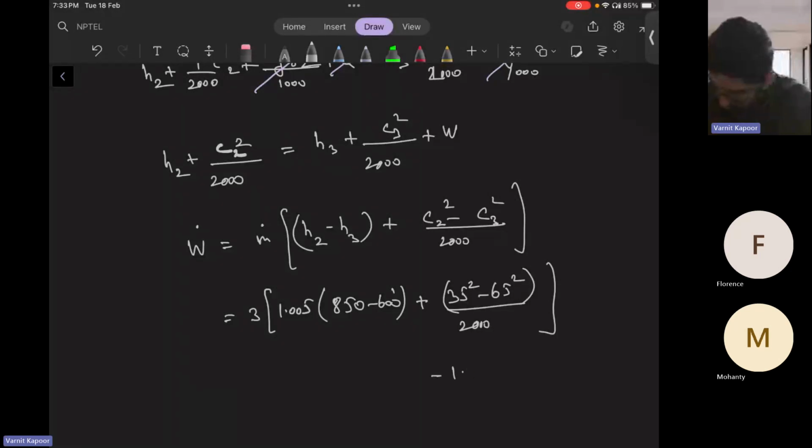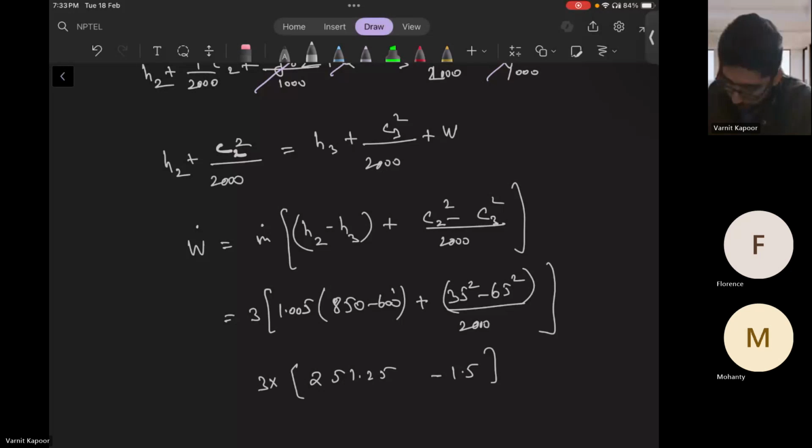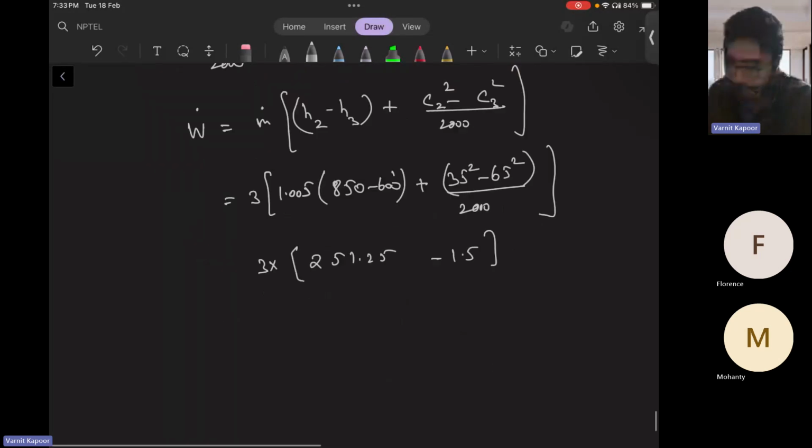So this is minus 1.5, and 850 minus 600 into 1.005 is 251.25. So 251.25 minus 1.5, into 3, is approximately 749.25.